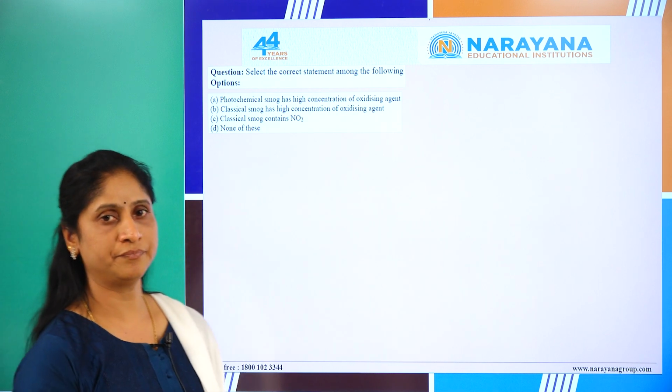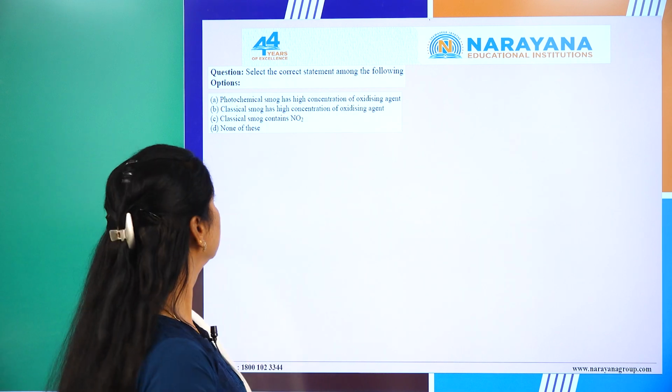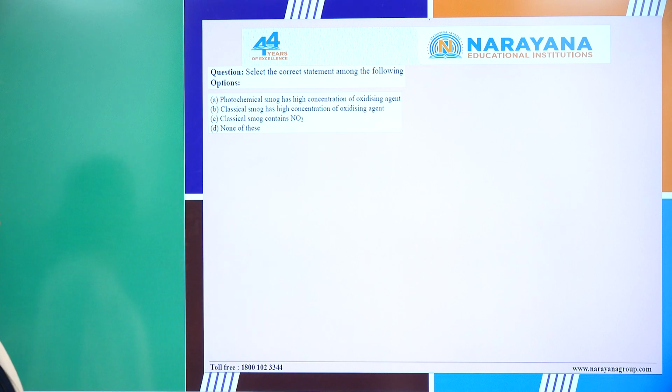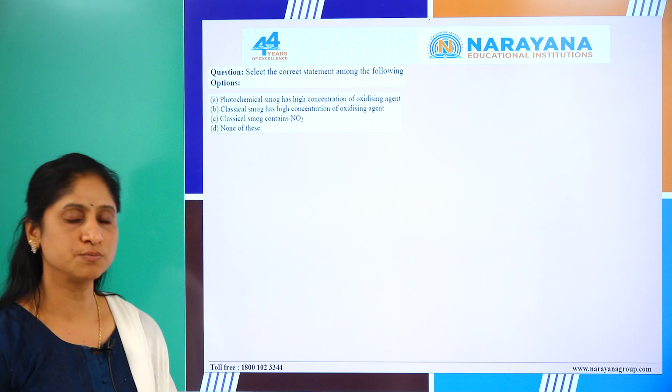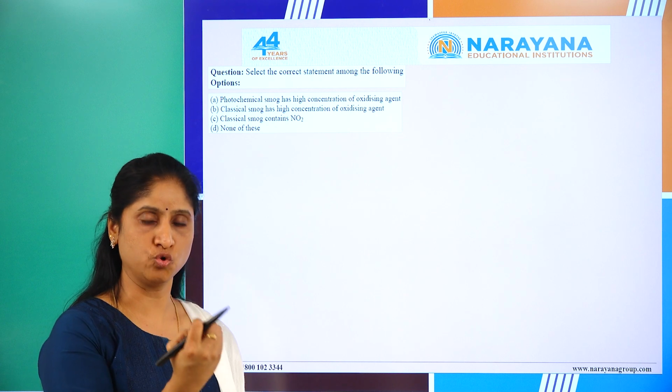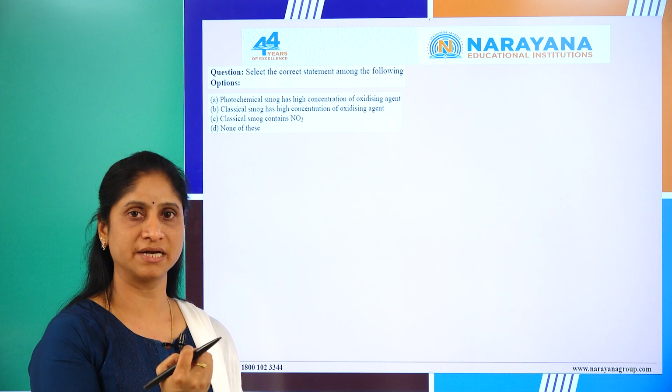This is from environmental chemistry. They are asking you to select the correct statements. Photochemical smog has a high concentration of oxidizing agent. Classical smog has a high concentration of oxidizing agent. As per NCERT, smog is of two types, reducing smog and oxidizing smog.